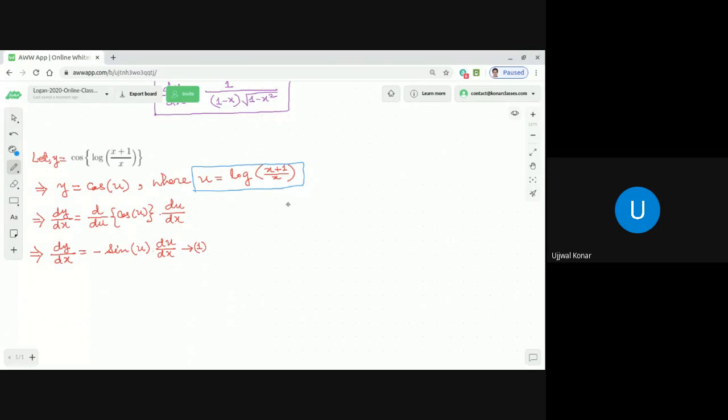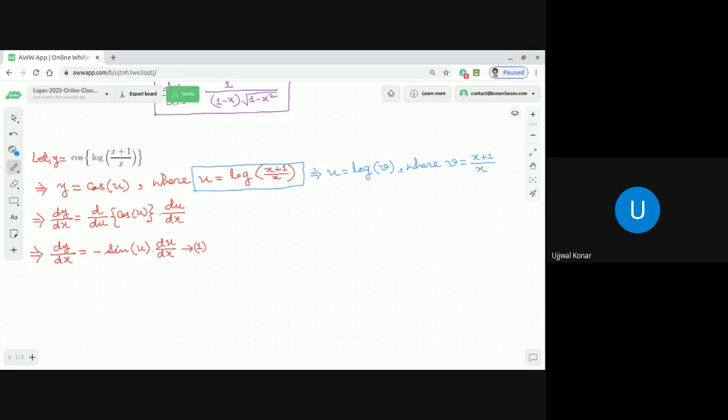So now the point is how to differentiate this one. Here also we can make it in a miniature version. We can write from here that u is equal to log of v, where v is equal to x plus 1 by x. All of you agree with me, dear students? What was there? u is equal to log of x plus 1 by x.